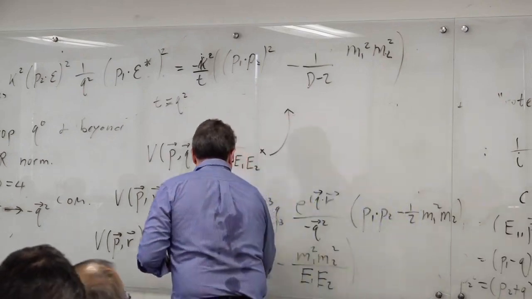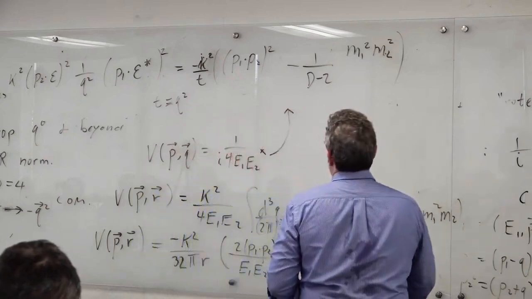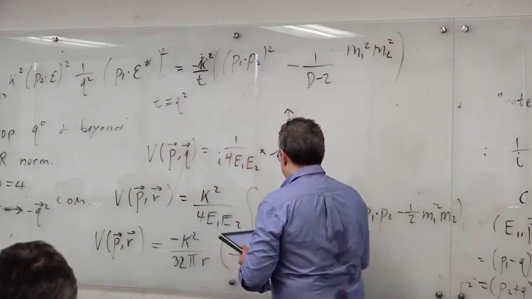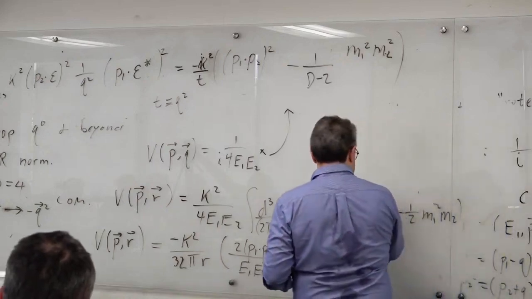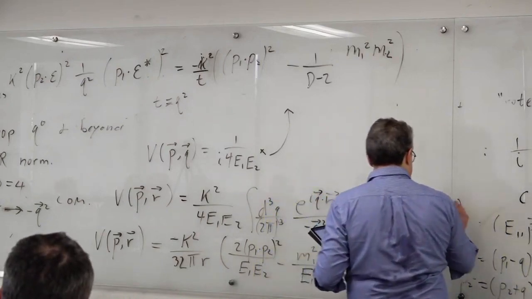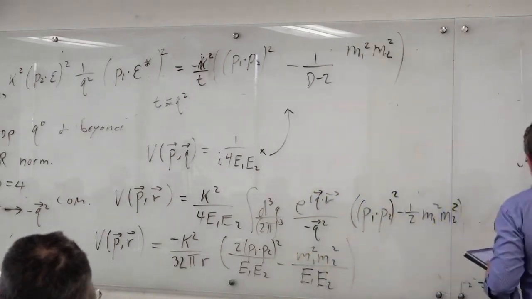Square, whoops, square. Very important. Yes, just copy from here. Like Fernando said, there was a square missing. Oh, I see why the square was missing. It's missing here as well. Okay.